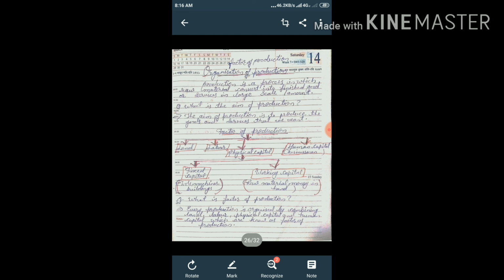Okay students, the factor of production is a very important topic, because in this there are four requirements: land, labor, physical capital, human capital. Combining all these factors of production we do the production work.